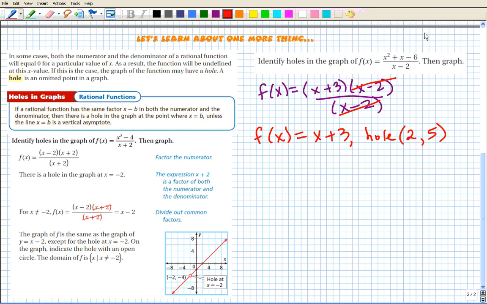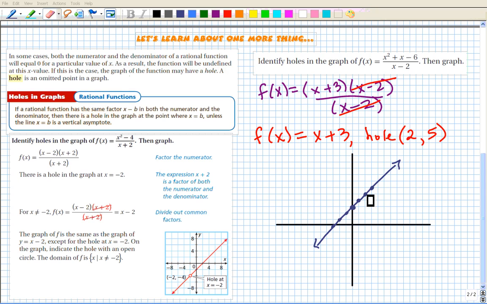So let's graph this. Here's our graph for the line x plus 3. The y-intercept is at 3, so we go to positive 1, 2, 3. There's a point. Slope is positive 1, so we're going to go up 1, over 1, up 1, over 1, up 1, over 1. But we have a hole in the graph at (2, 5). So even though we sketched this in like that, we actually need to go back and put a hole in the graph at (2, 5).